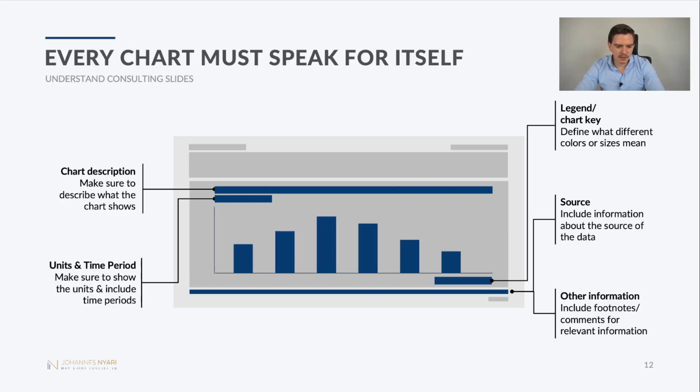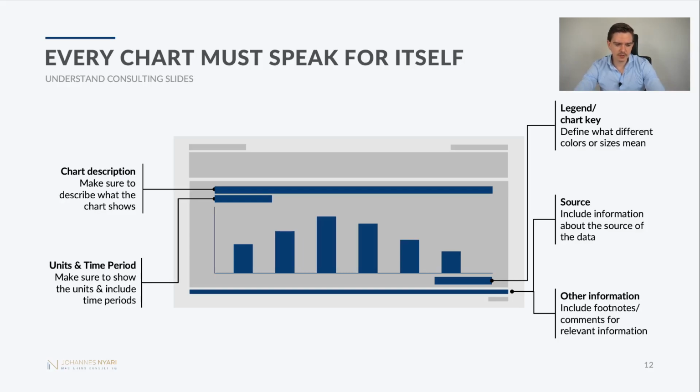Then what you also need is that you need to illustrate the units and the time period, because it's always very important in what kind of unit this is. Is it in US dollars? Is it in thousands of US dollars? Is it in millions of US dollars? This is very important that people know how to interpret the chart, and also that you include the time period, because very often, of course, there are several data points and you need to highlight what kind of time period this is.